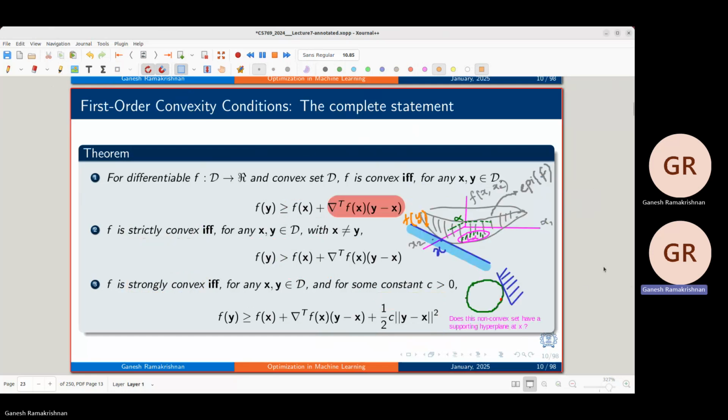And I'm going to just bring back this view, right? So I said I will be talking about the gradient a little bit more. So at this point x, the supporting hyperplane, what we are looking at is the gradient of f at x, which is in the space of x, with a -1. See, it's basically pointing downwards. In fact, let me show it here.